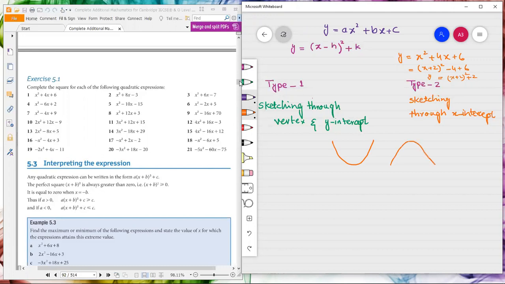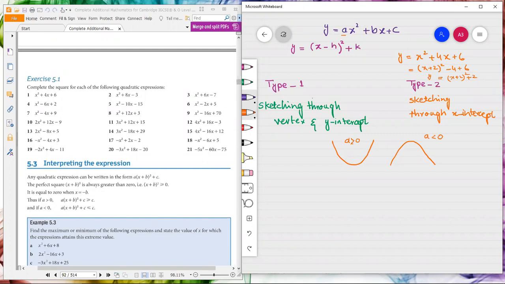When will it be open upward and when open downward? If the coefficient of x square, a, is positive, then it will be open upward. Meaning a greater than 0, then it will be open upward. If a less than 0, then it will be open downward.